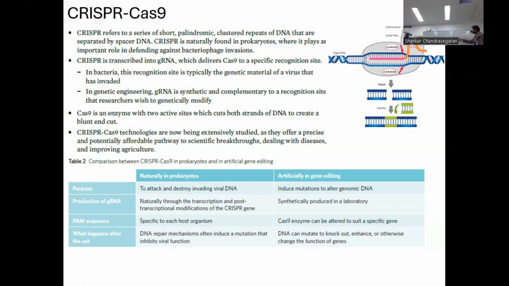So how does that work? First, when a bacteriophage invades the bacteria again, from the spacer, a guide RNA is made. That guide RNA is essential in the next stage.